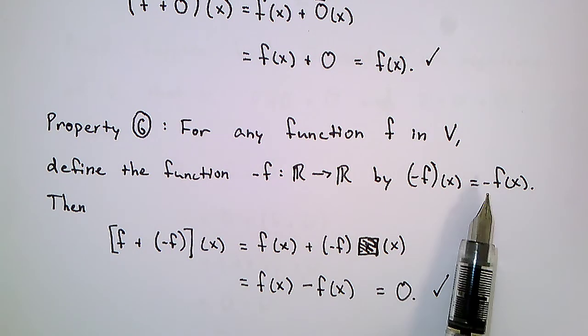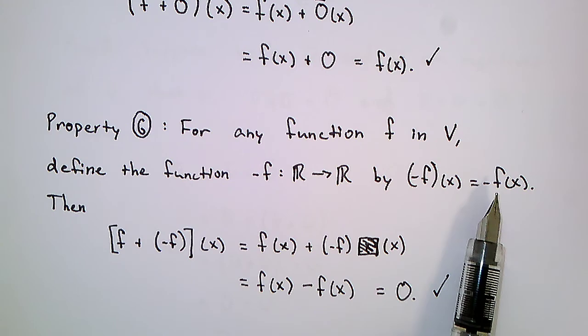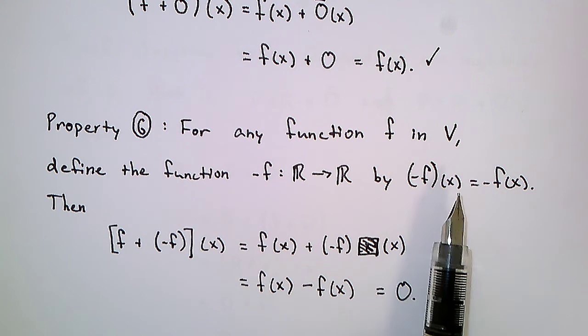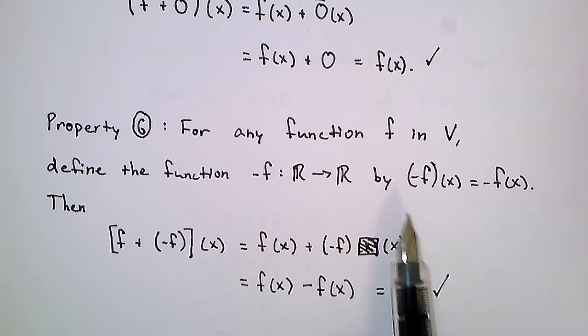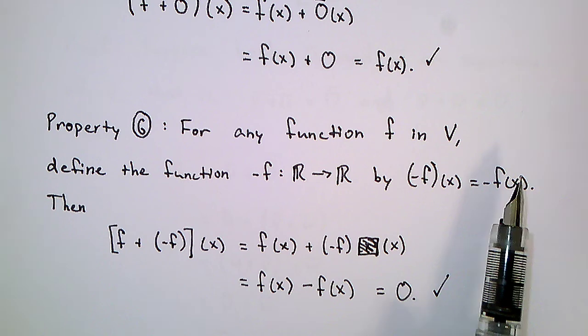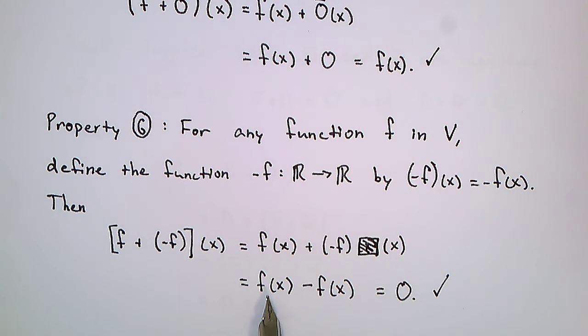Minus f of x becomes, well, minus f of x, but now it's a number instead of a function with something plugged in. So this is the functional way of thinking, and this is the actual number. So this is really just f of x minus the number f of x, and that gives us 0 like we wanted. So if I plug anything into this function, it's going to spit out 0. That's the 0 function.